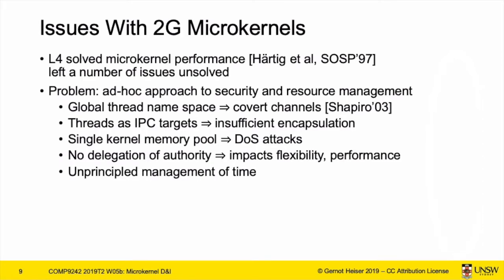So in the first week, I talked about the first and second generation microkernels. The first generation was Mach and things like that, which didn't perform, and it was impossible to build anything sensible on them. And then 2G, second generation microkernels, is represented by the original L4, 25 years ago. And this was the one that showed, yes, performance is not an inherent limitation.